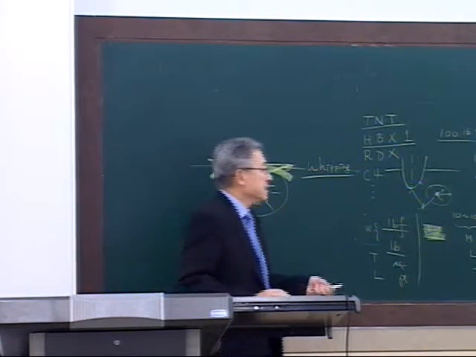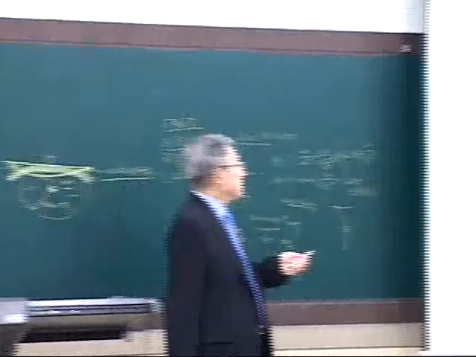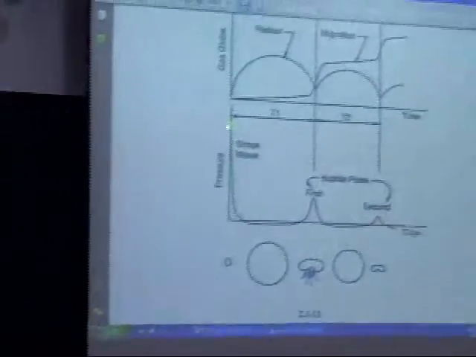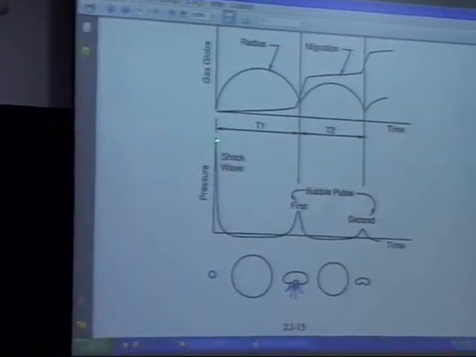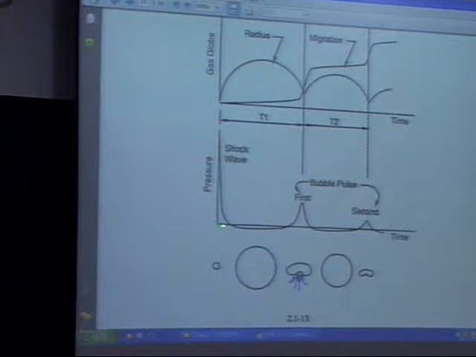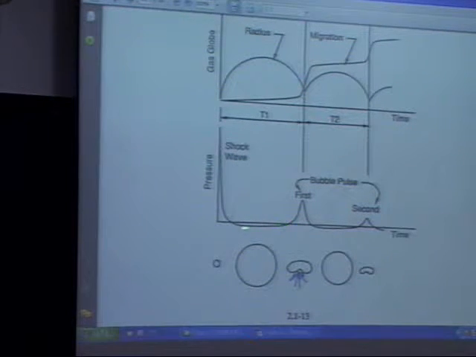And here is what happens at the beginning. Explosion occurs. You have a very high shock wave pressure. Then it gets down to the minimum. It goes a little bit below zero, because water cannot sustain tension, I said.